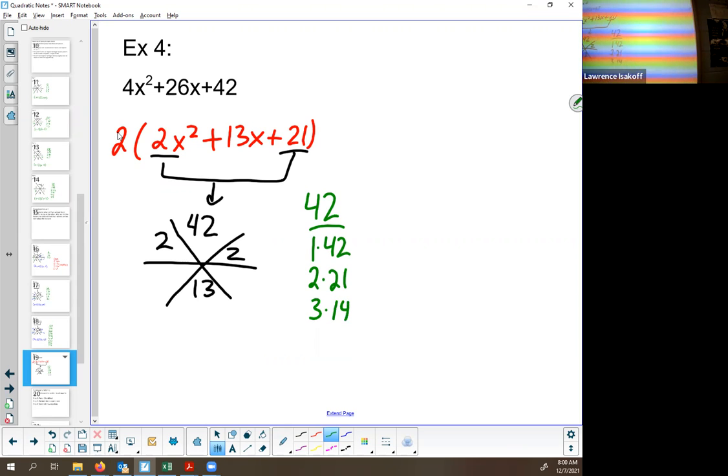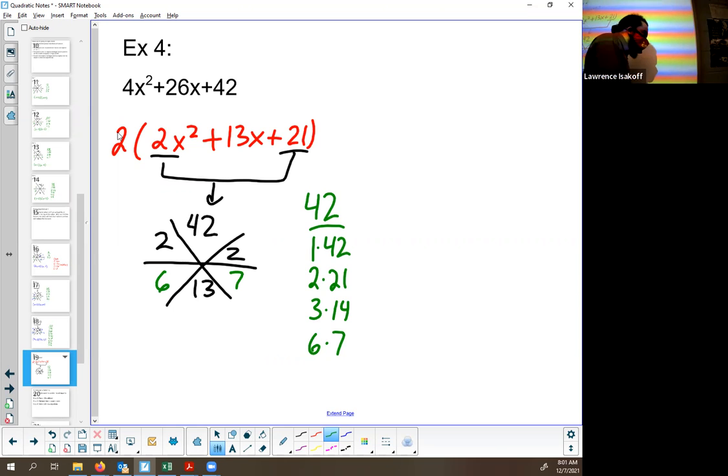I'm noticing 21 and 14 are both divisible by 7. So, oh yeah, 6 times 7 gets me 42. What pair can make a 13 here? The 6 and 7, good.